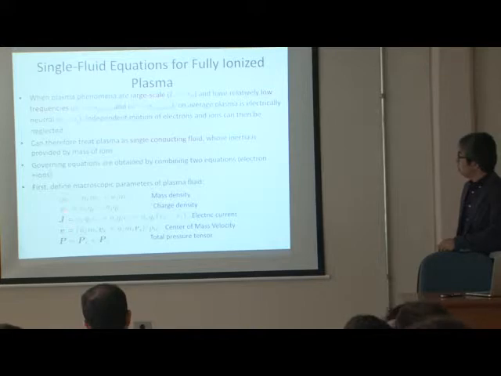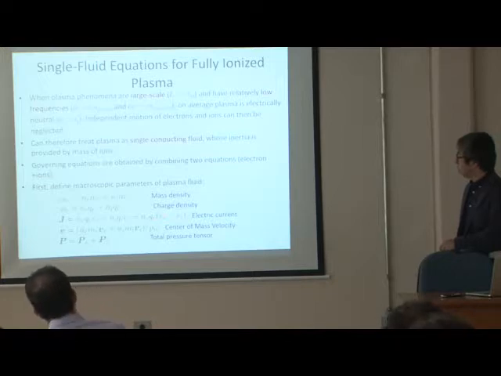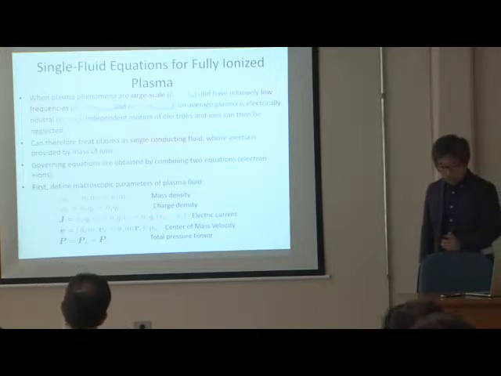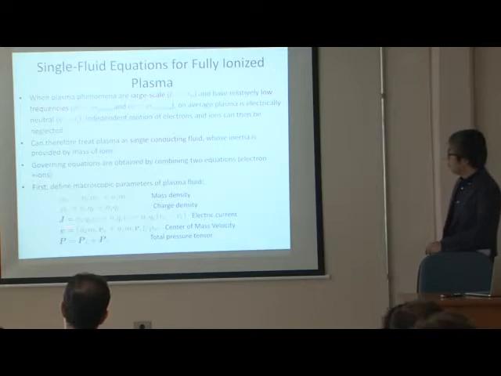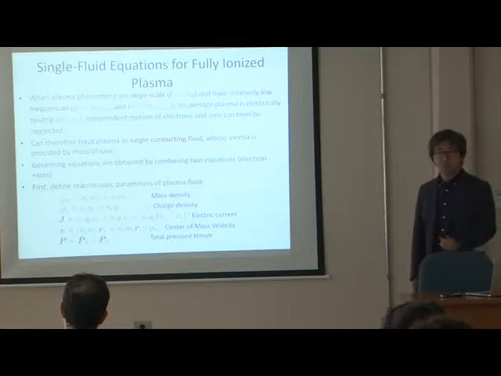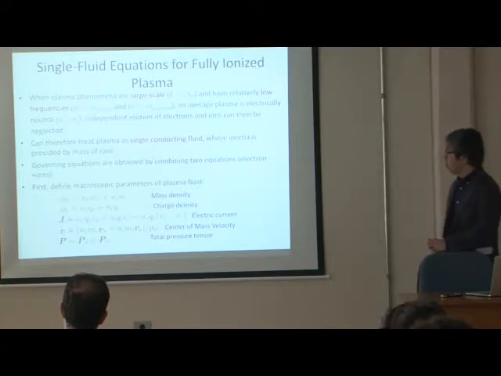The current is N q times the velocity, summed over both electrons and ions. Typically N_i and N_e are the same, so the electric current is the difference between the two contributions. The velocity is N_e m_e times the velocity of each species, divided by the density. This is the center-of-mass velocity.